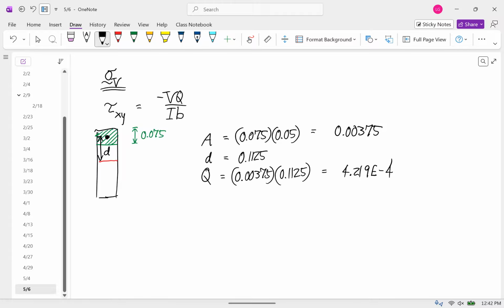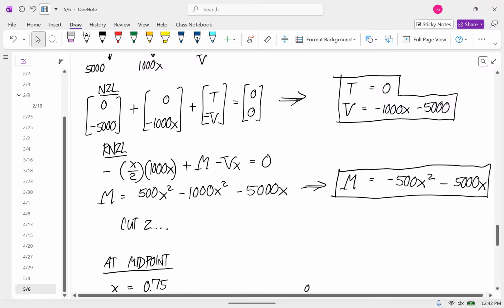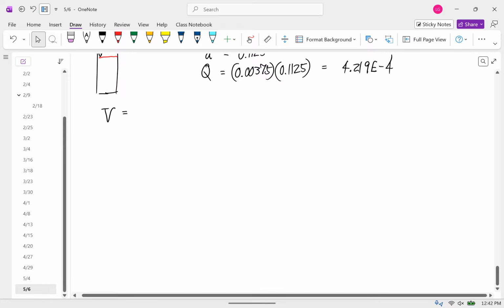And our V, remember our X is equal to 0.75. So V is negative 5750.